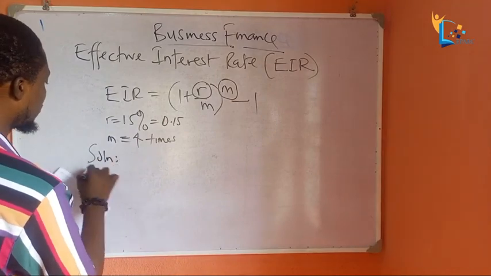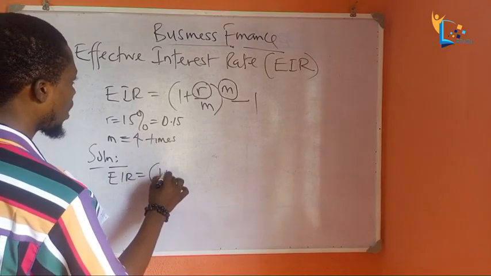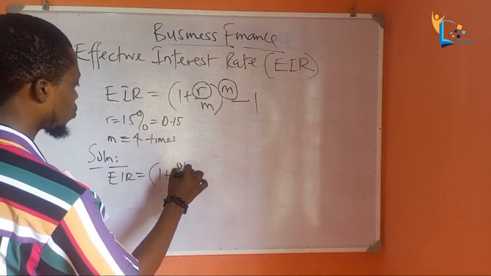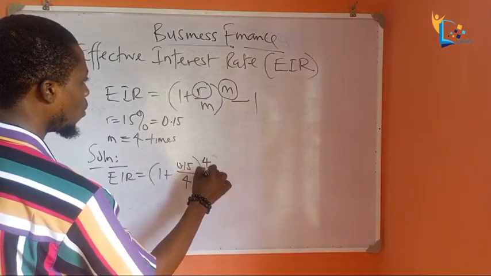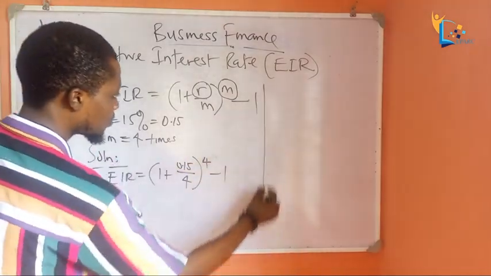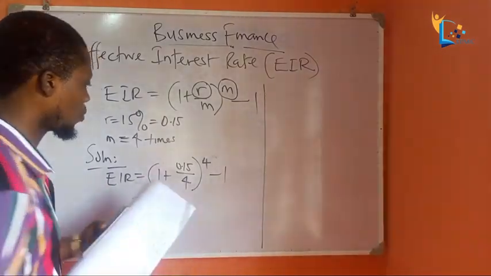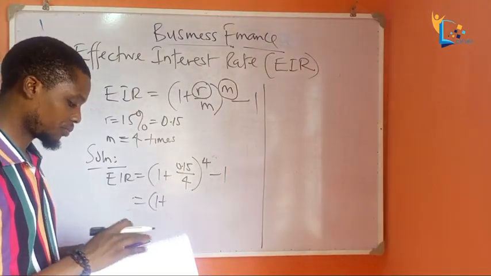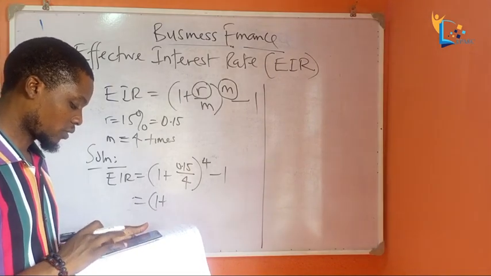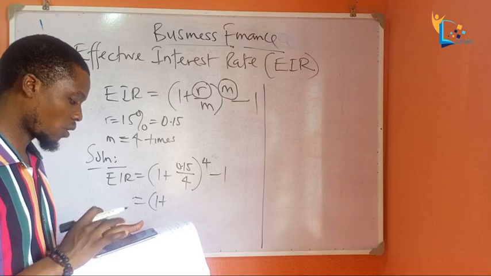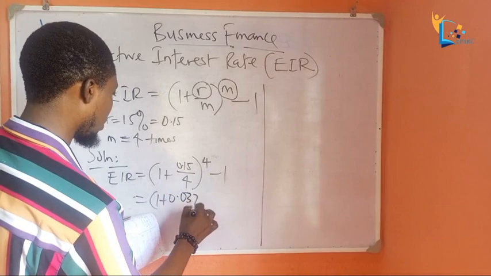Effective interest rate is equal to 1 plus 0.15 all over 4, raised to the power 4, minus 1. So 0.15 divided by 4 is 0.0375.